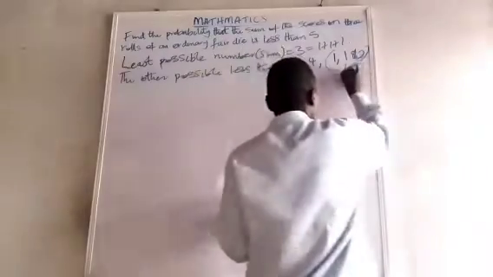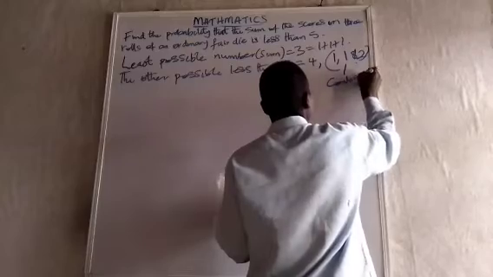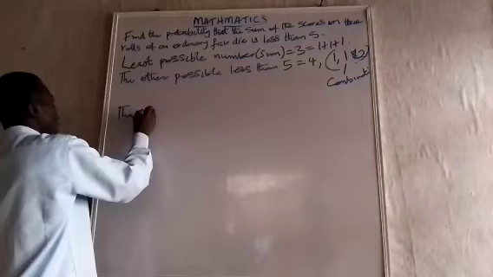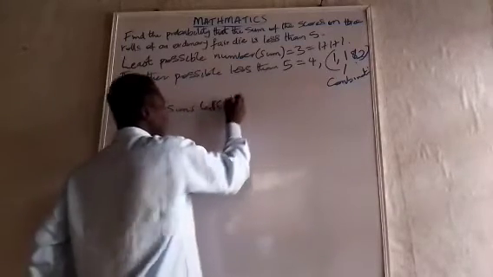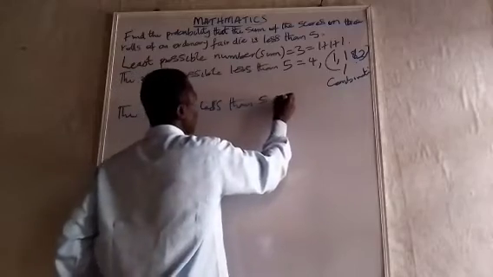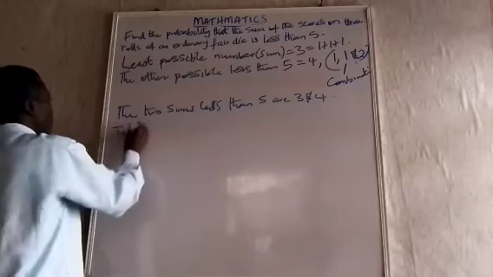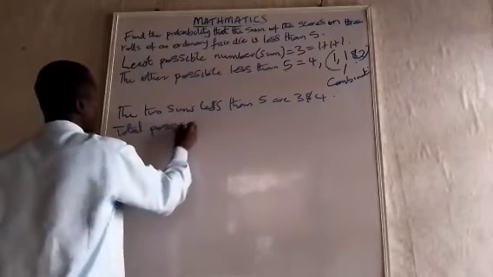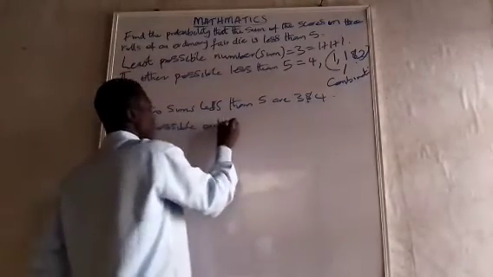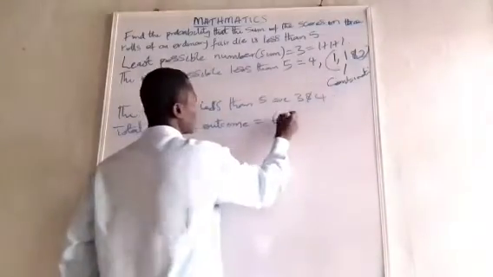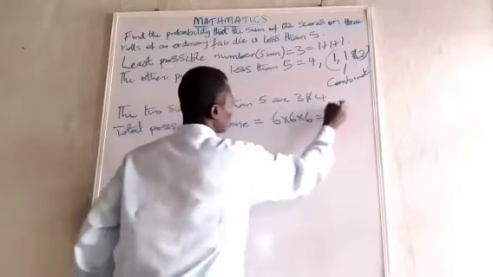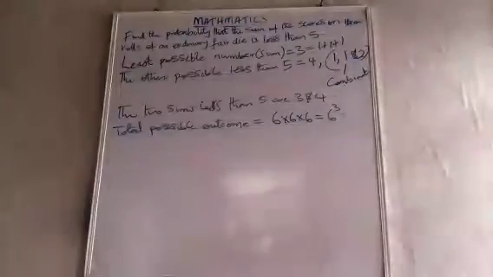This is the possible combination for 4. So the two sums less than 5 are 3 and 4. The total possible outcome is equal to 6 times 6 times 6, 6 raised to the power 3.